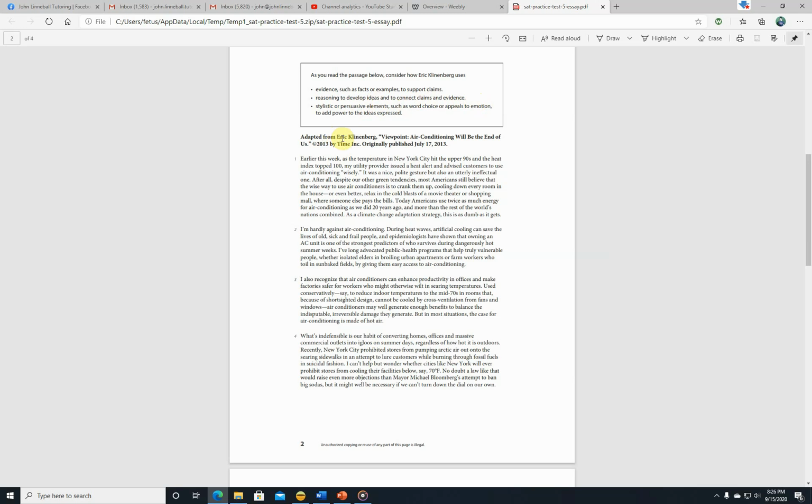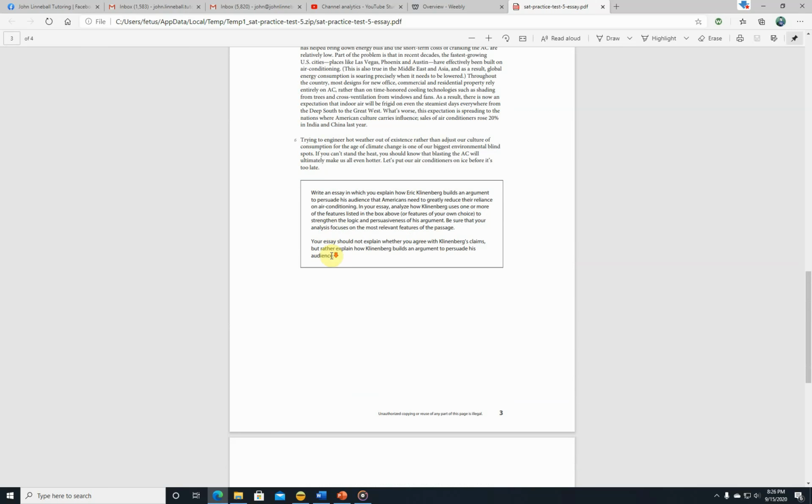So we can see Eric Kleinenberg is the person who wrote this essay, which looks like it was probably an editorial in Time magazine. The author's name is always going to be here, so you can just say, as you read the passage below, consider how the author uses evidence, reasoning, and stylistic or persuasive elements.